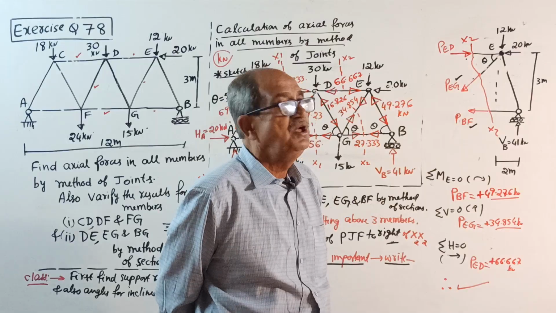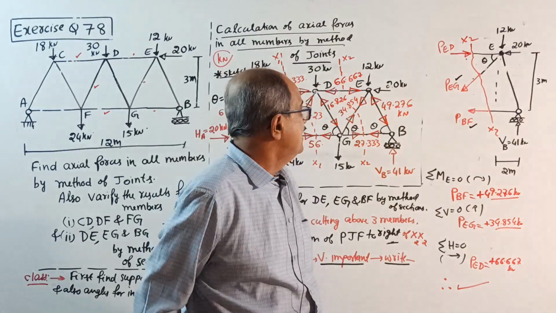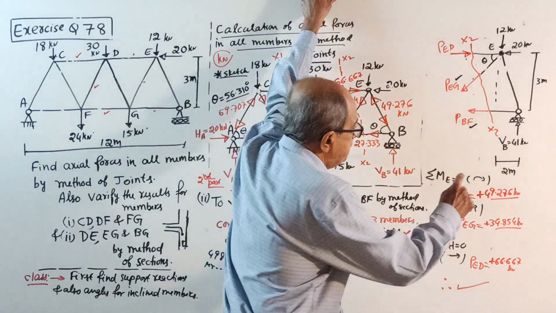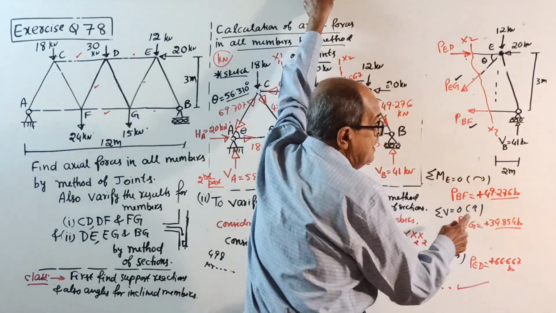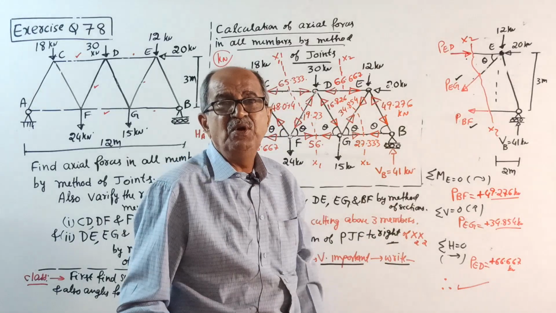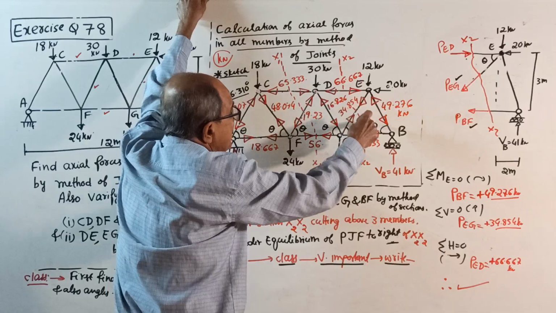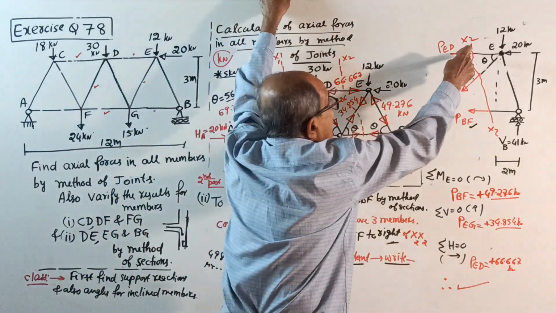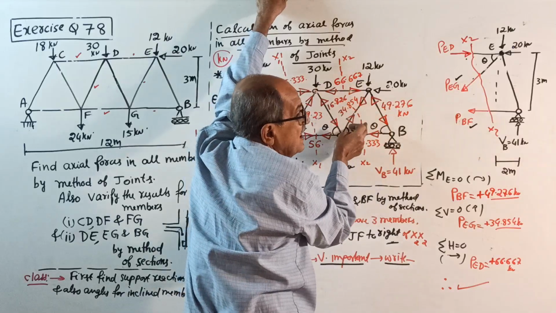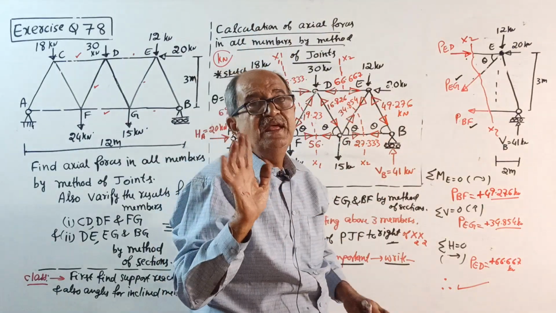Big class I will upload. So many people get confusion. So therefore, positive sign we got everywhere. You have to get a positive because you are verifying the answer. When you are verifying the answer, you enter the correct direction because you know the direction here. Value you are calculating.